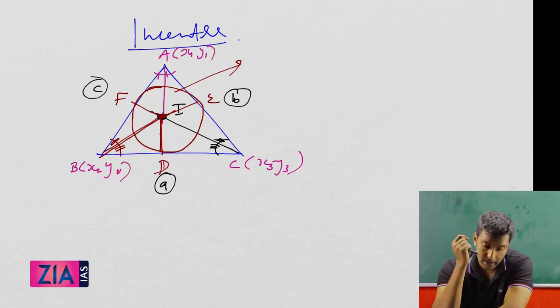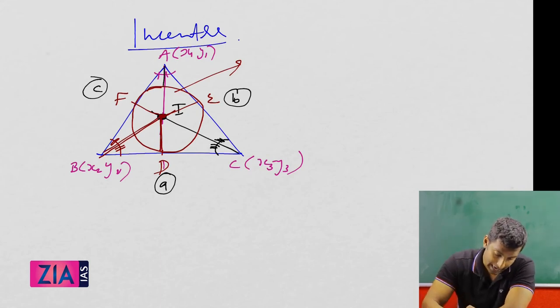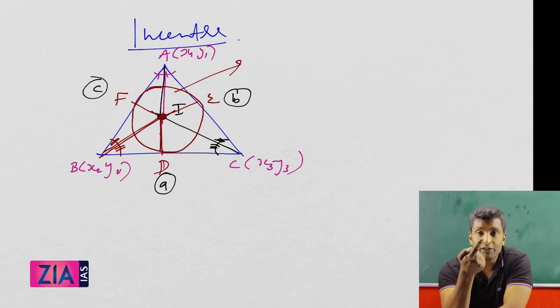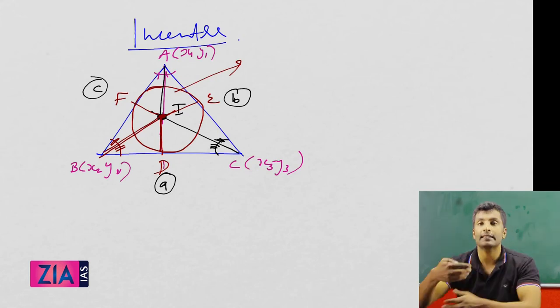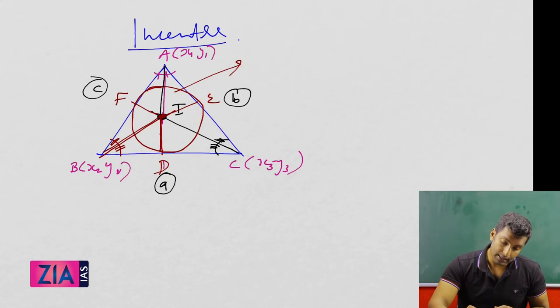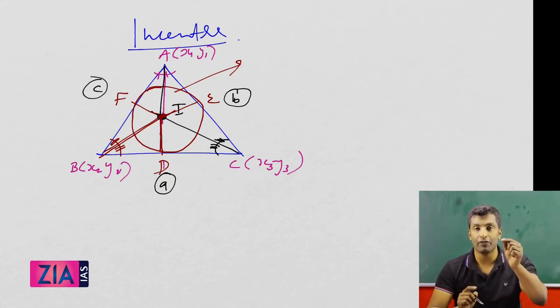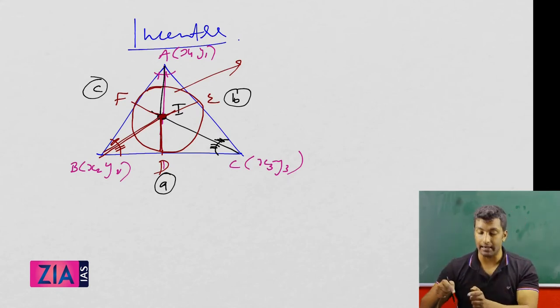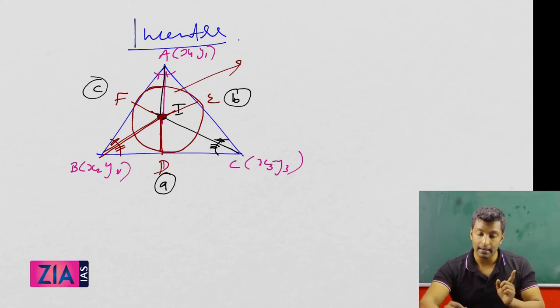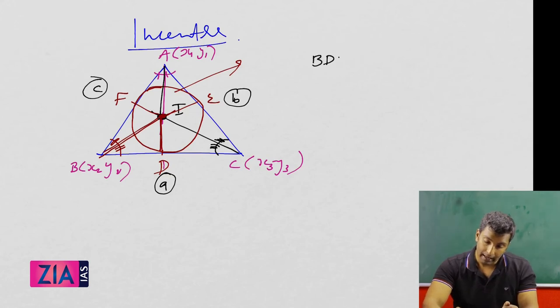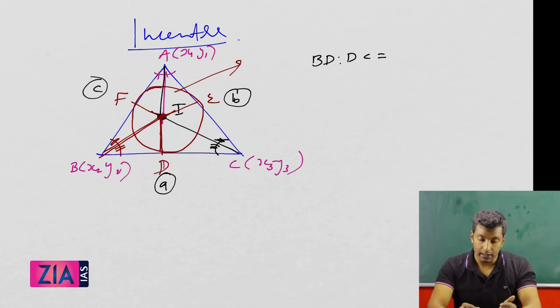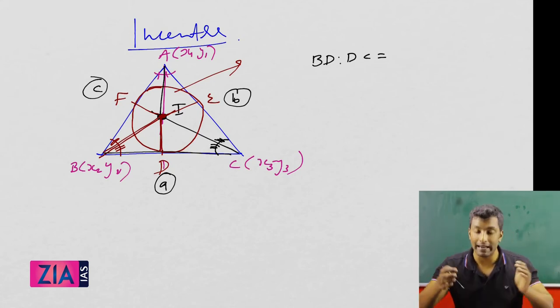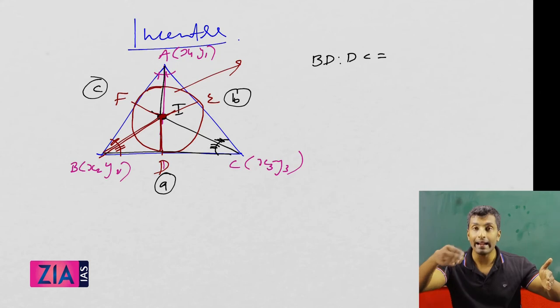Now here is one important ratio. You take this angle bisector from A, which is going to the opposite side of A. This angle bisector coming from A divides the opposite side, which is BC, in the ratio of the remaining sides. That means BD is to DC equals the remaining sides, AB and AC.